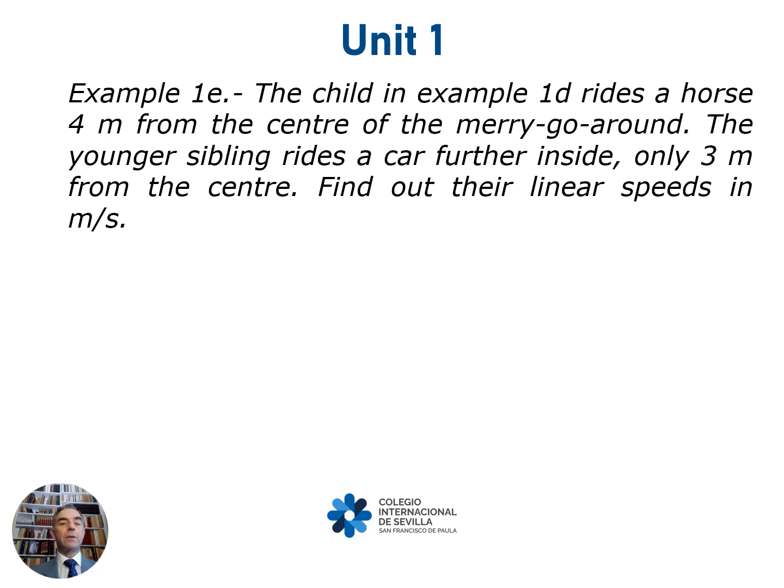Find out their linear speeds in meters per second. So let's, as always, represent the situation we have. The outer child covers a longer distance, whilst the inner child covers a shorter distance when they sweep the same angle, as shown in the image.